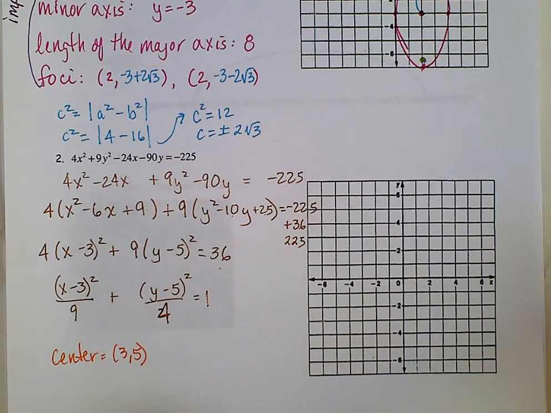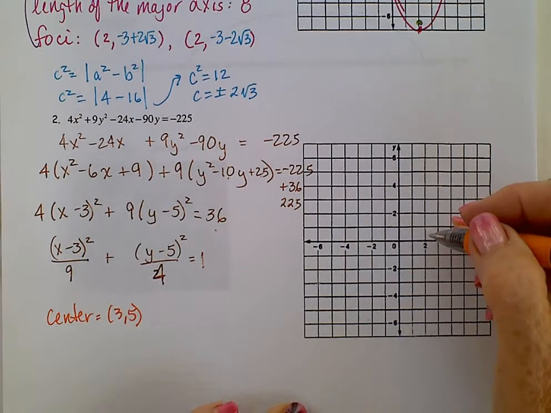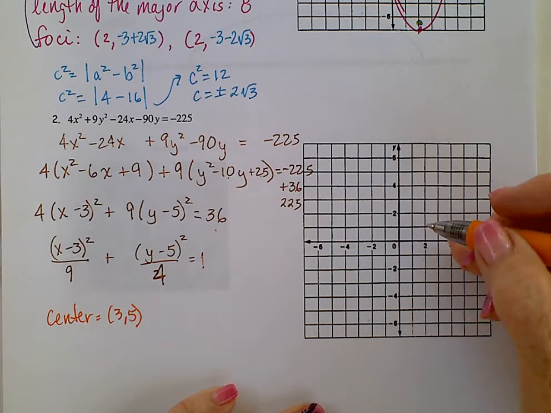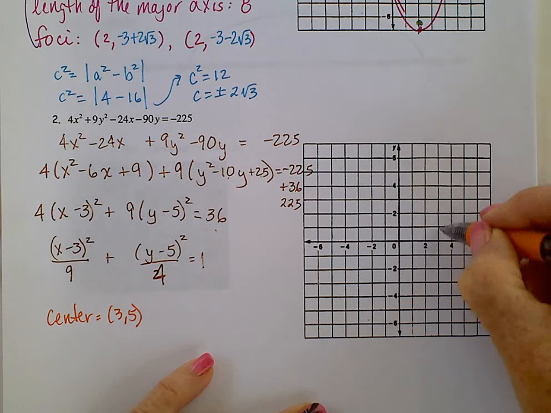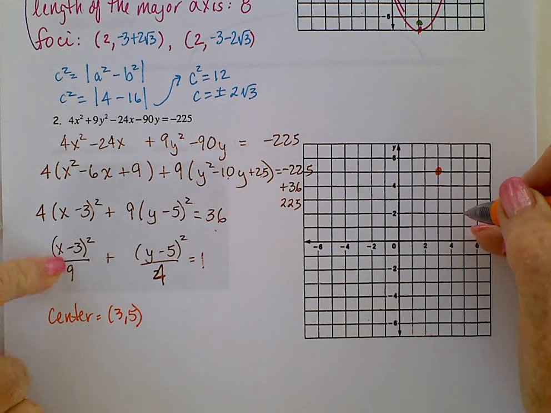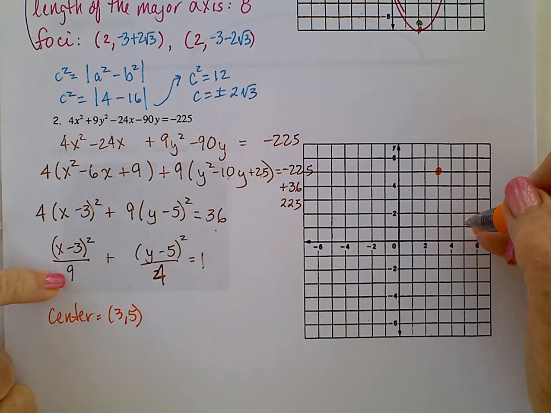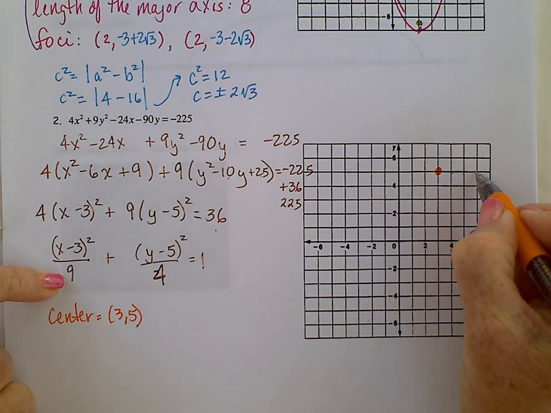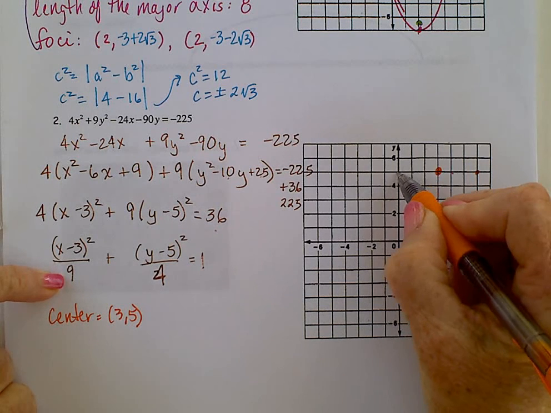I get all of my graphing done first, and then I go back and find all that important information. So 3, 5. There's the center. And in the x direction, the square root of 9 is 3. So 3 to the right, 3 to the left.